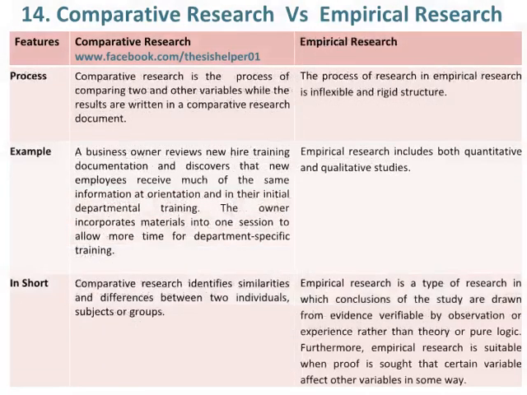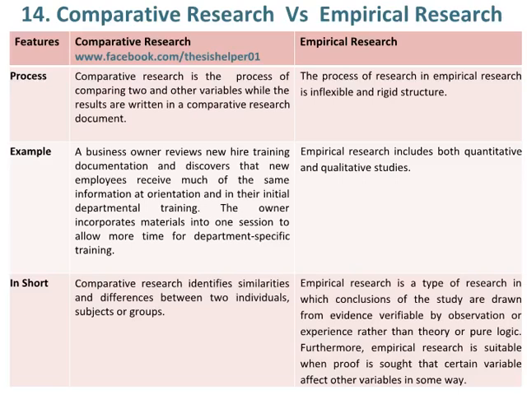Comparative research is the process of comparing two or more variables while the results are written in a comparative research document. Whereas, the process of research in empirical research is an inflexible and rigid structure.